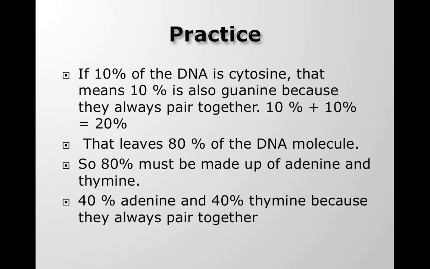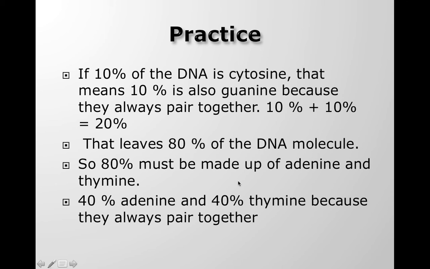Well, if 10% of the DNA is cytosine, then I know 10% is also guanine, because cytosine and guanine always pair up, the C and the G. So however many C's I have, I have to have the same amount of G's. So that means that 20%, because 10% and 10% is 20%, of the DNA molecule is cytosine and guanine. Well, if I have 100% of a molecule minus 20%, that means I have 80% left over.